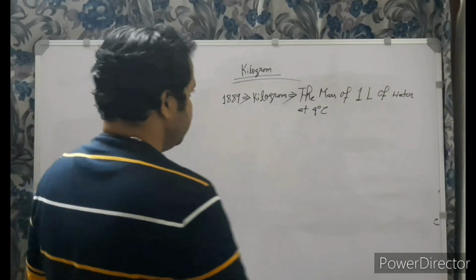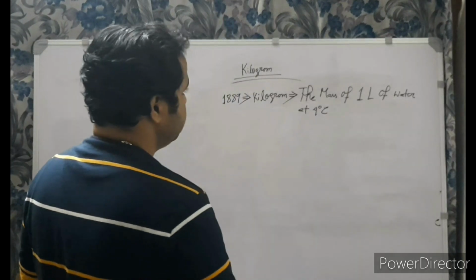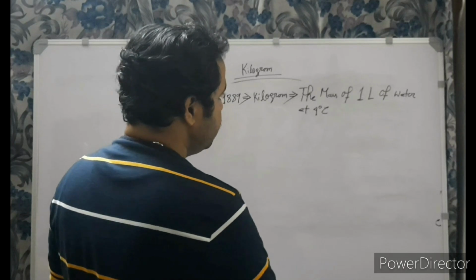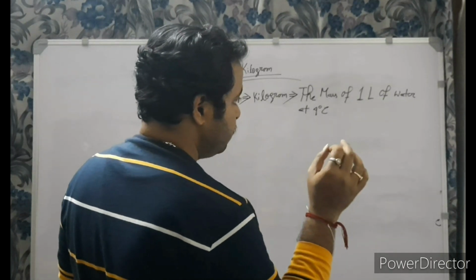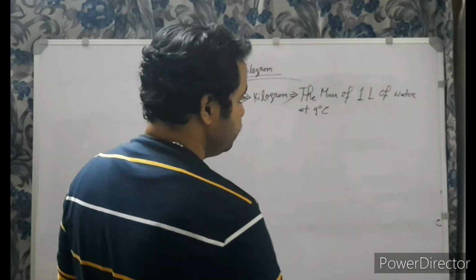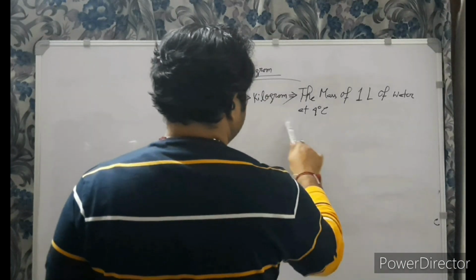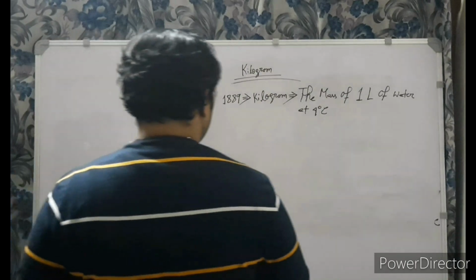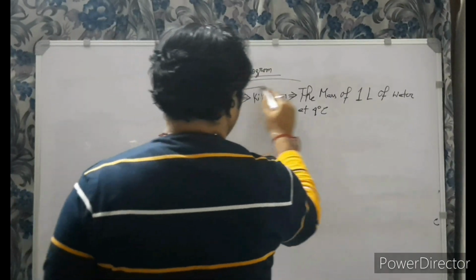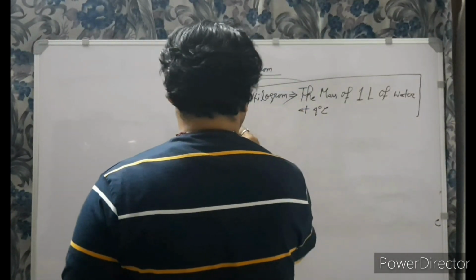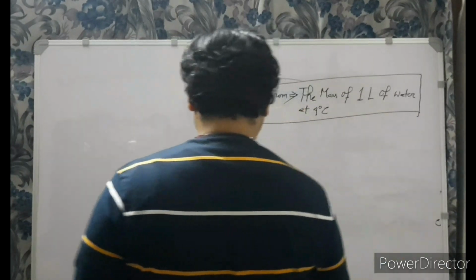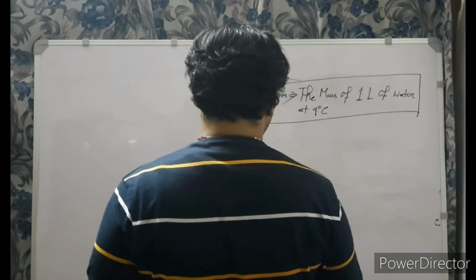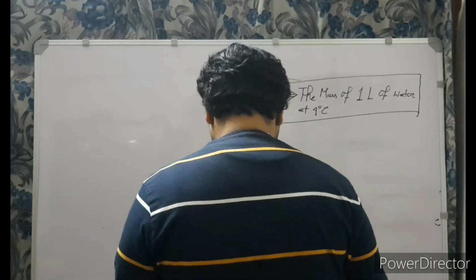After that, what happened? If you saw the previous videos, you know that a particular procedure is done after the actual value is granted all over the world. So after this measurement was granted as an accurate measurement all over the world, a replica was made from this. What was the replica?